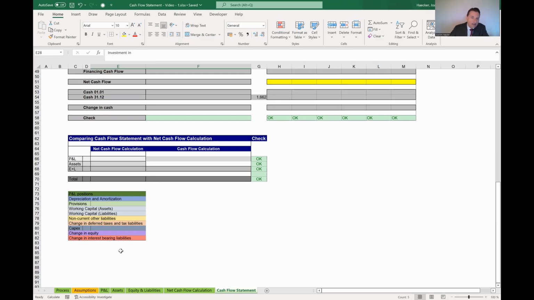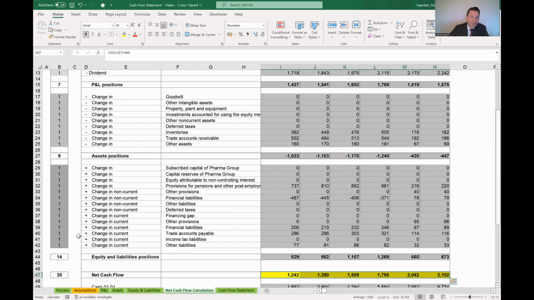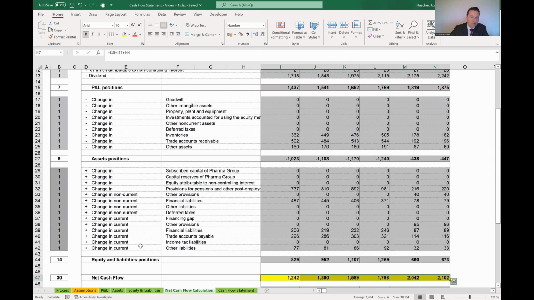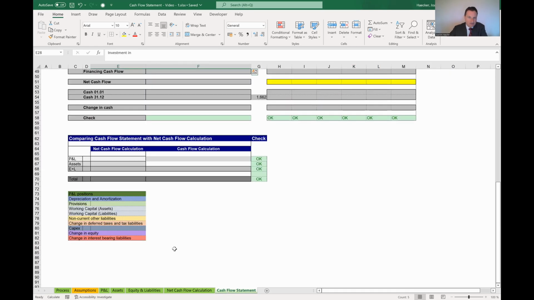And I defined the following categories we'll carry out now in order to make sure we put the positions of our net cash flow, our P&L position, asset positions, and equity and liabilities positions in the correct position of the cash flow statement. We start here with position number 1, with the profit and loss account position. Then we continue towards the interest-bearing liabilities. What are interest-bearing liabilities?